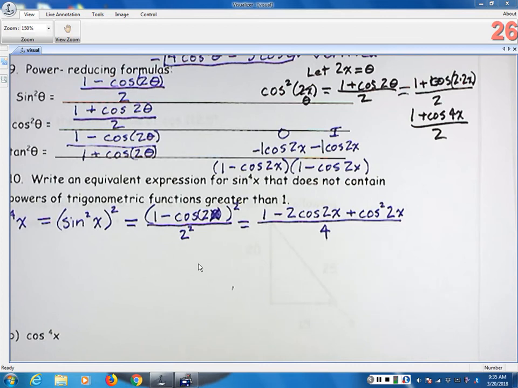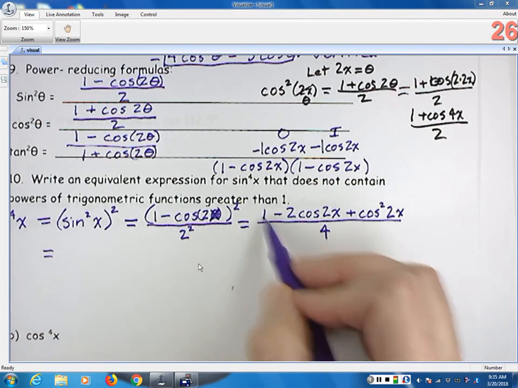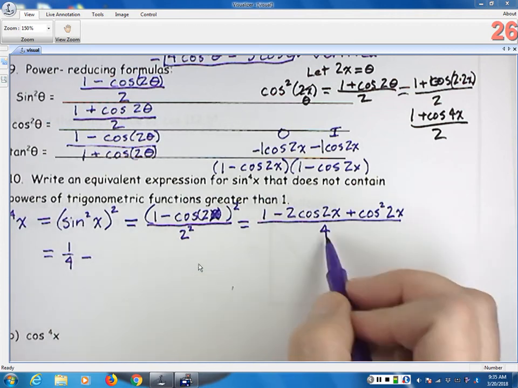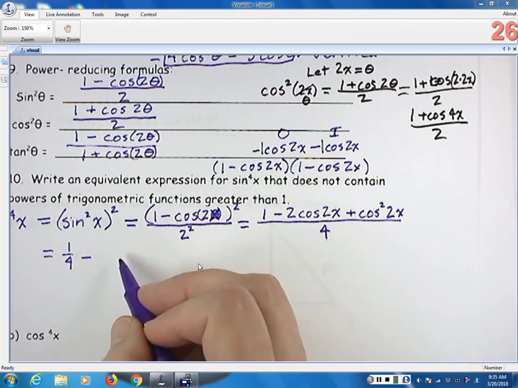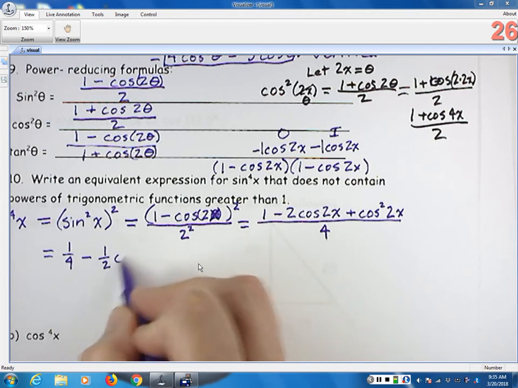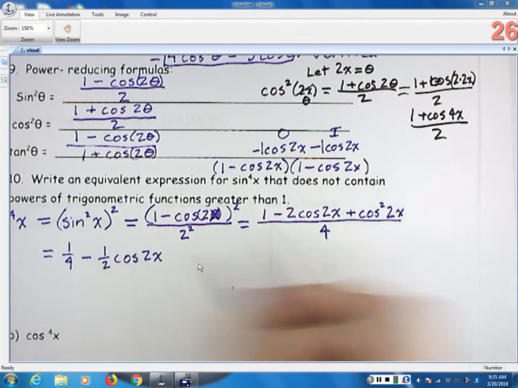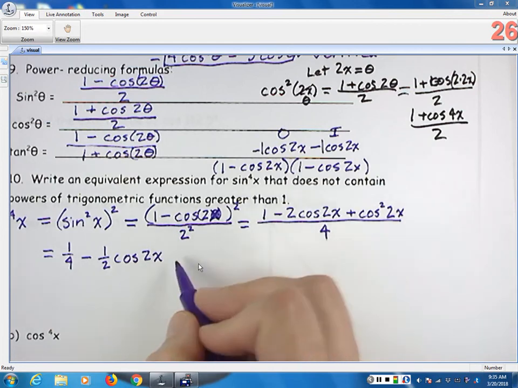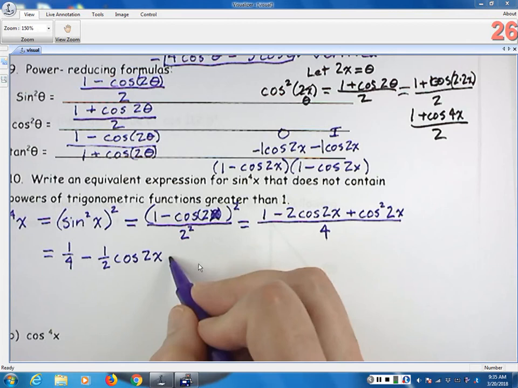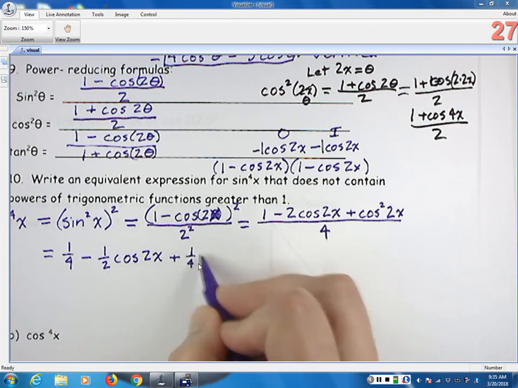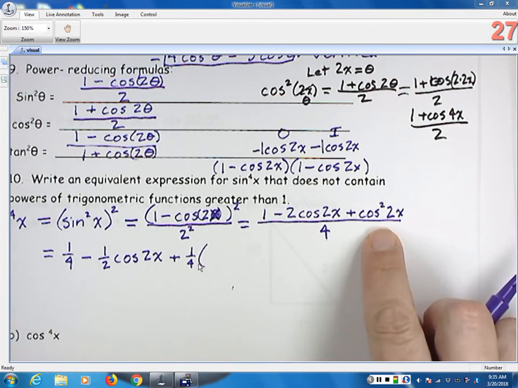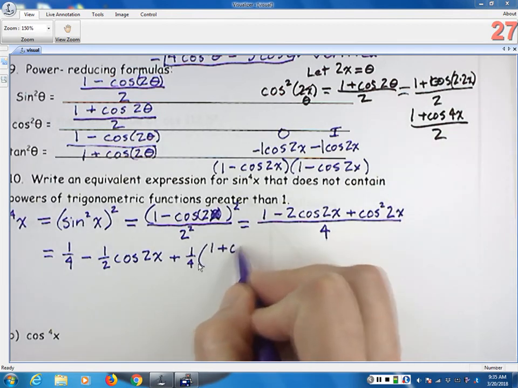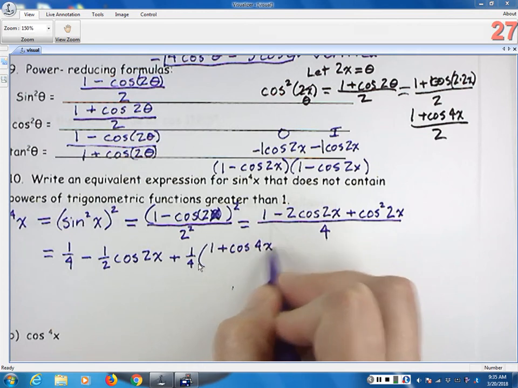So this is going to be equal to 1/4 minus, and 2 over 4 is a half, 1/2 cosine 2x. Divide this one by 4. Instead of dividing by 4, I'm going to write it as plus 1/4. And we're replacing cosine squared 2x with this stuff: 1 plus cosine 4x over 2.